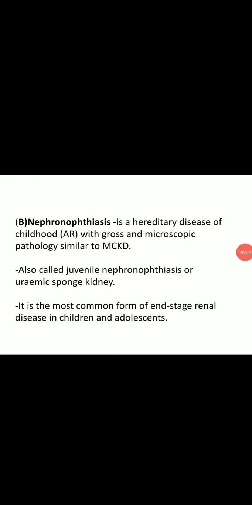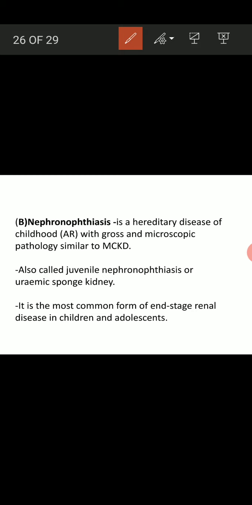Now, second is nephronophthisis. This is an autosomal recessive disease of childhood. Whereas we have seen that medullary cystic disease is an autosomal dominant adult onset kidney disease, nephronophthisis is an autosomal recessive disease of children.